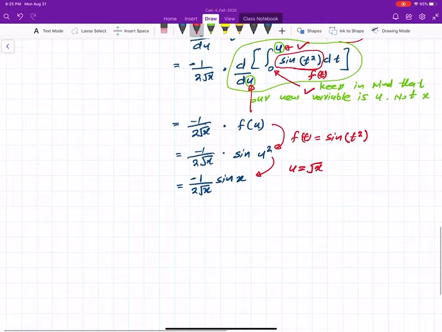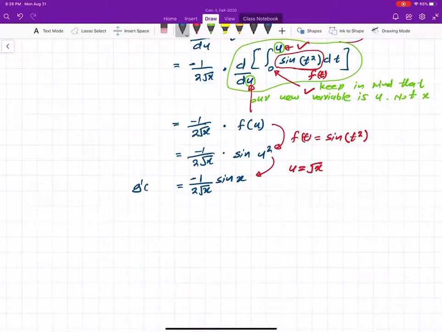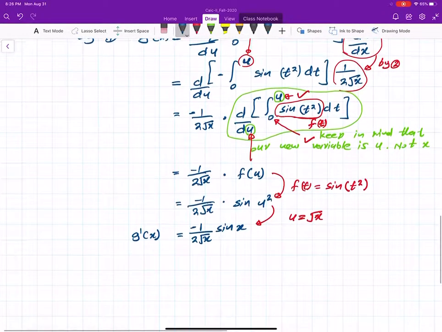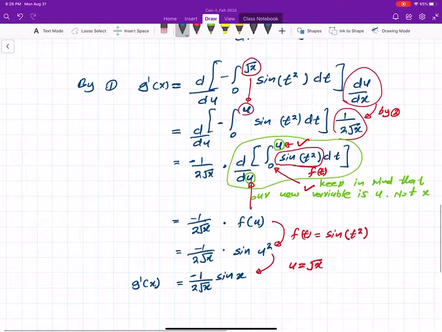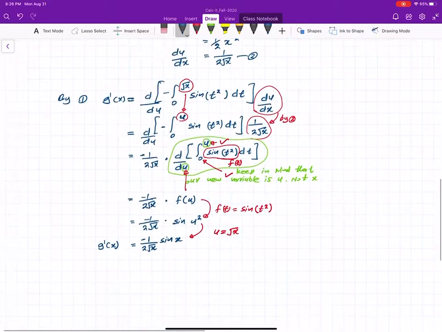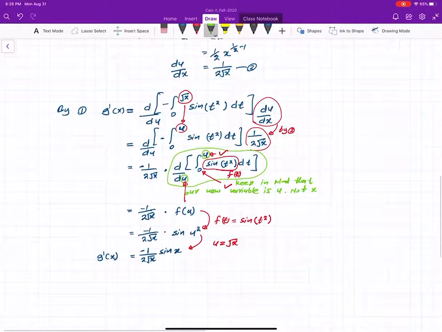All right, so this is actually g prime x. If I'm going to write down the place where you use the fundamental theorem of calculus, that is this step.